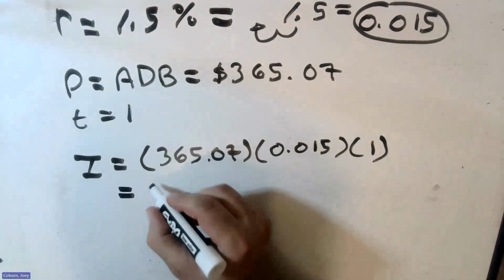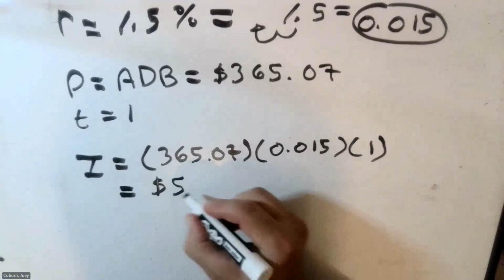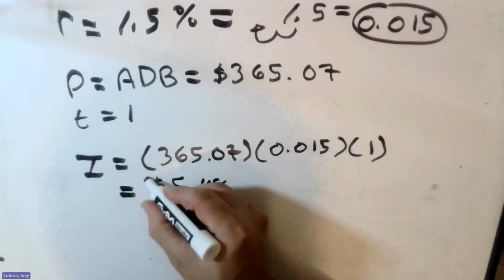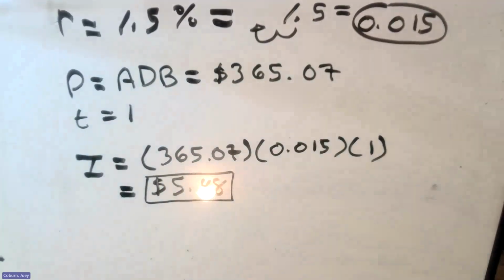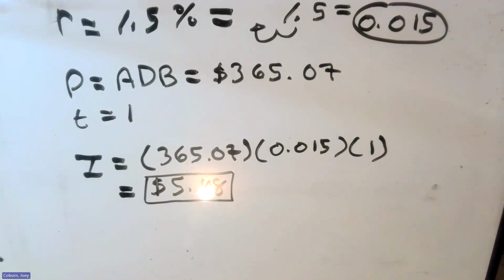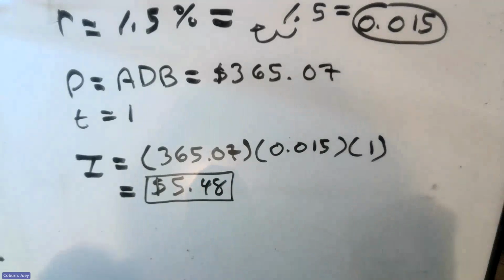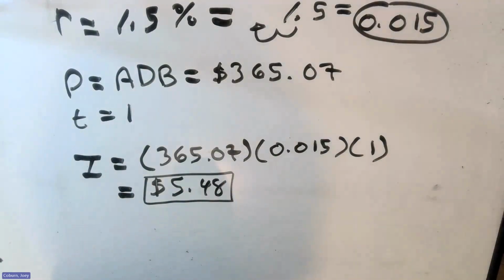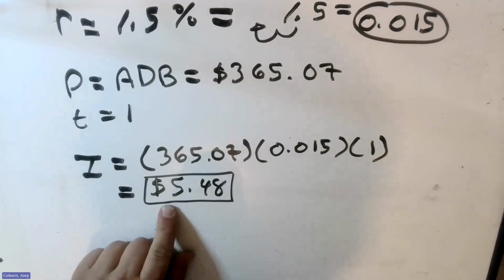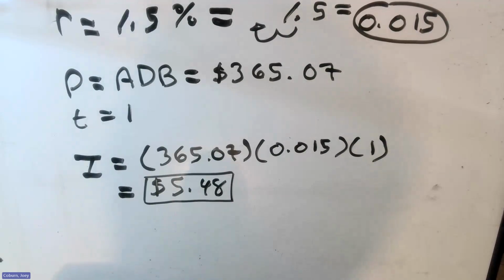And when we round that off to the nearest cent, we get $5.48. So that's how you use average daily balance. That's how you calculate it and how you use it in the problems in this section. If you have any questions about that, let me know.